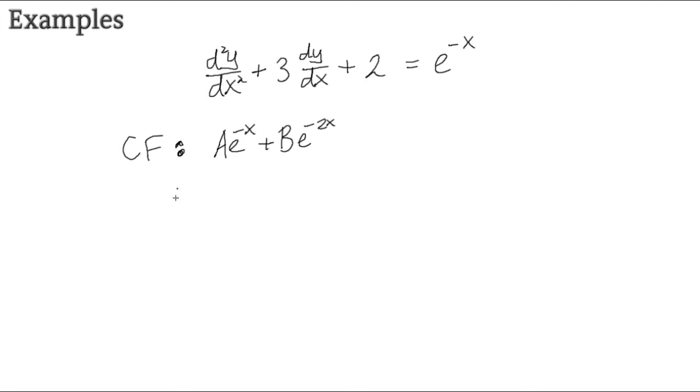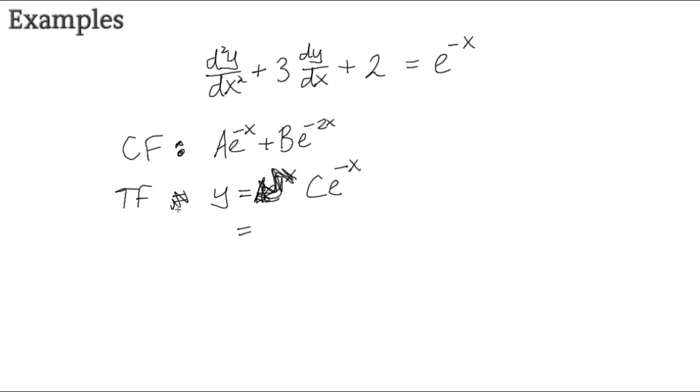And now we need to do a trial function. I should really use a new variable. So if my trial function is y equals c e to the minus x, then we can do everything that we knew from the beginning.